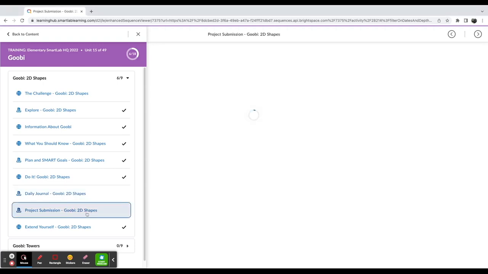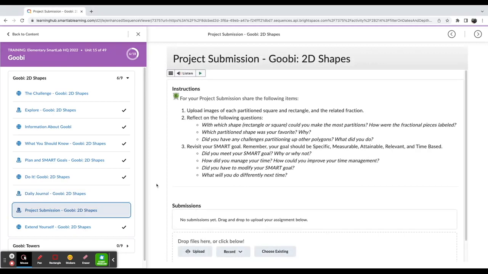The last assignment is their summative assignment, their project submission. This is where students show you what they know, the content they mastered, and the skills that they needed to use to complete their project. This is your opportunity to really provide them with targeted, actionable feedback that they can then apply to their next project cycle.